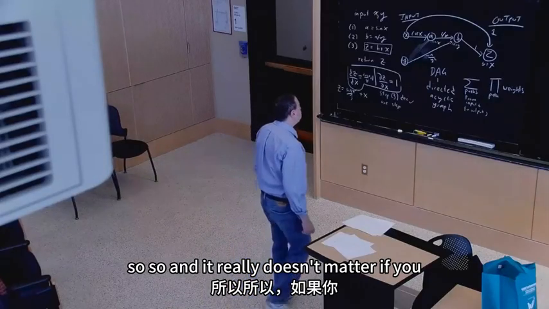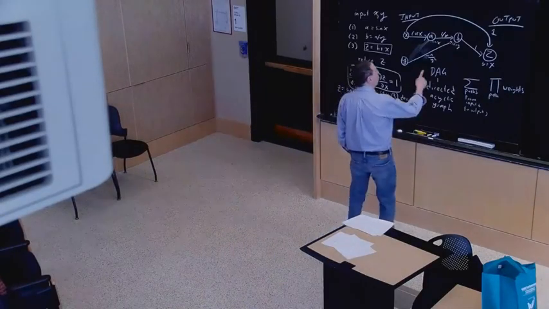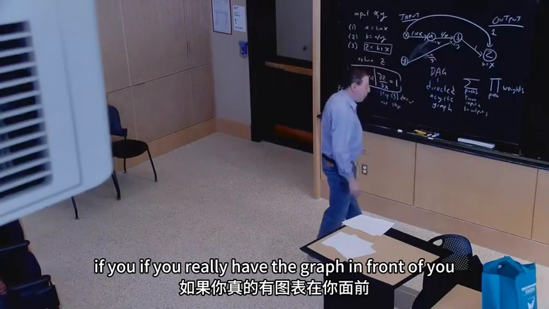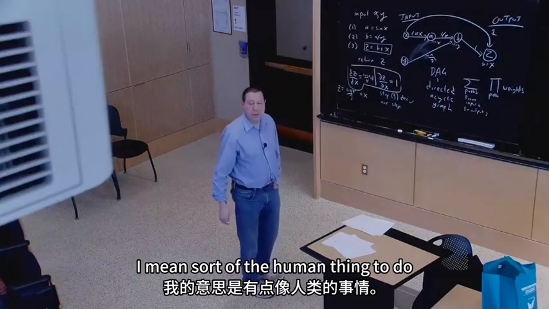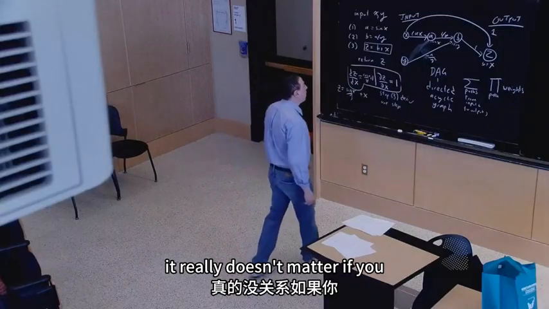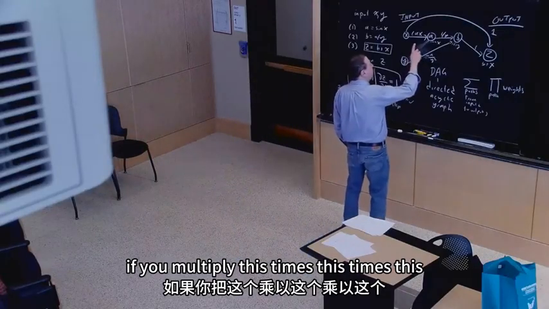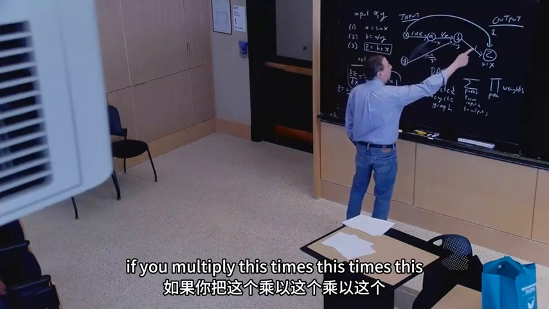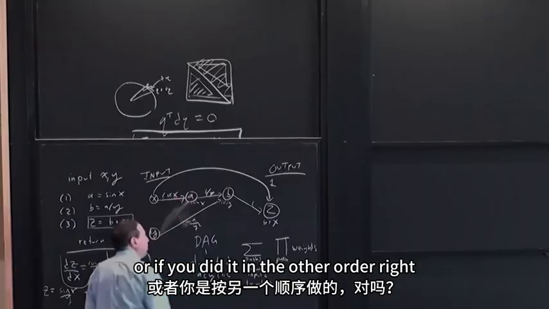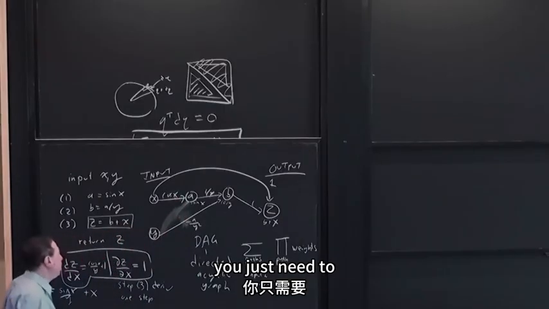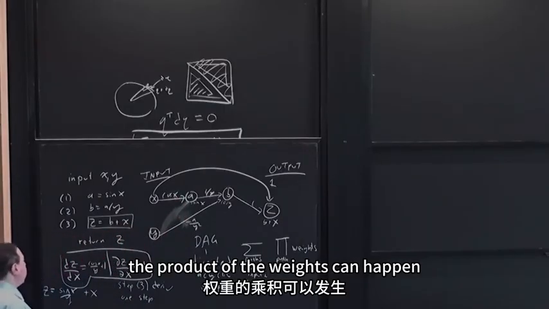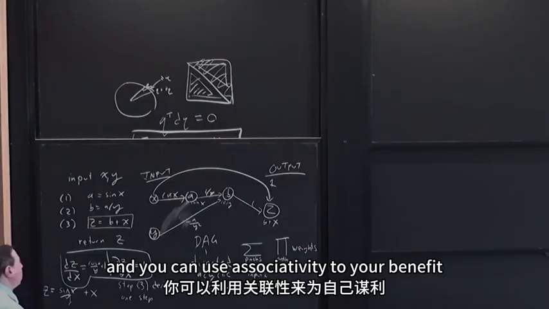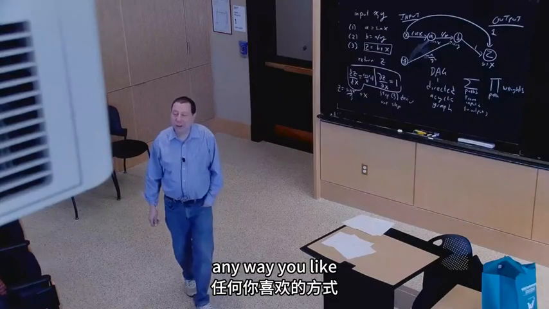And it really doesn't matter if you have the graph in front of you; that's sort of the human thing to do. It doesn't matter if you multiply this times this times this, or in the other order. The product of the weights can happen in any order, and you can use associativity to your benefit any way you like.